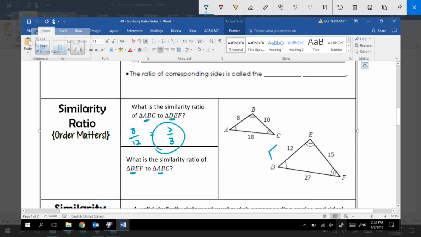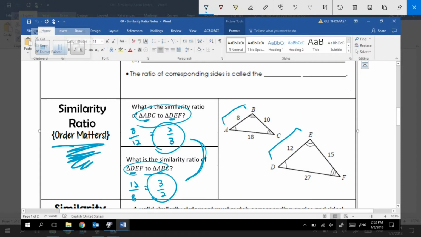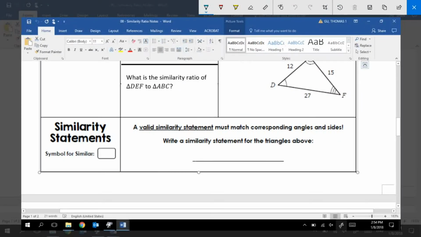DE is 12, and AB is 8. So 12 over 8 simplifies to 3 over 2. Notice, I changed the order of the triangles, so the order of my similarity ratio also changed. So order matters.